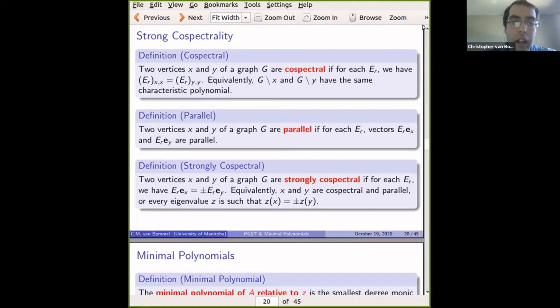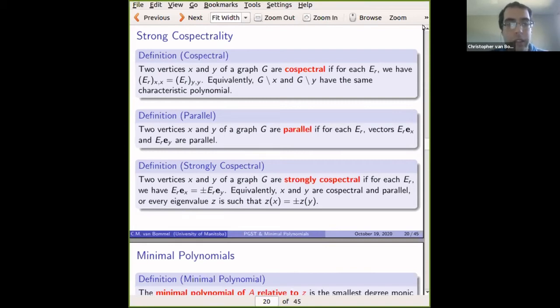And then two vertices are parallel if the vectors we get corresponding to each of these vertices for each of the projections are parallel. And then strongly cospectral, in one formulation, we can show combines these two notions.